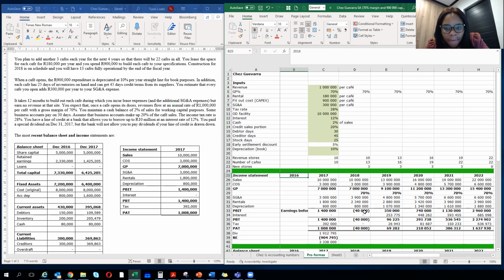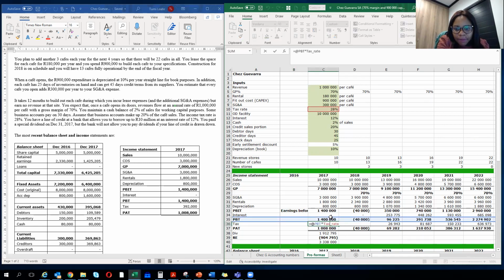Okay, your tax, what you're going to do for your tax calculation going all the way through is just multiply your PBT times your tax rate of 28%. Each time you just take the previous column's profit before tax and multiply it by 28%.